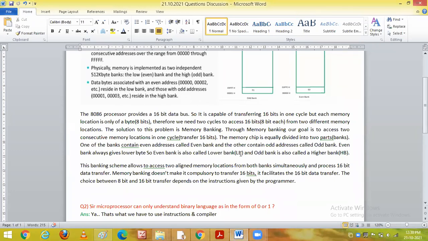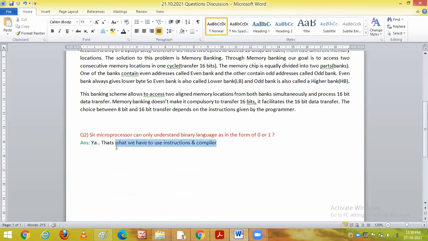At the end of the stage, our microprocessor understands only 0 and 1, no doubt. But there are some conversion agents, and those agents are nothing but our instructions as well as the compiler. So my answer is that.